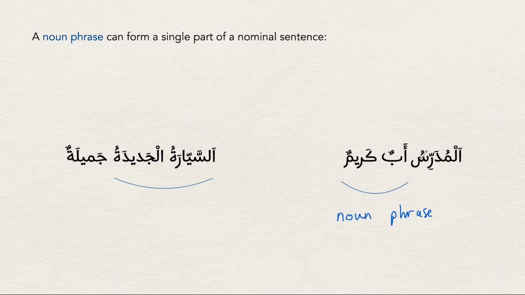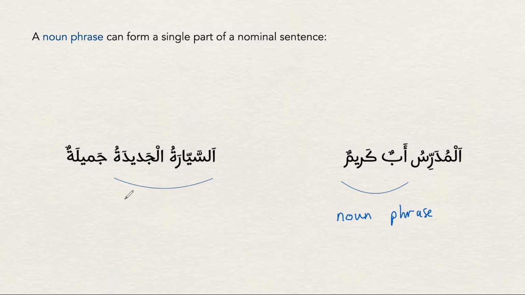So the first part, the subject of the sentence, is al-mudarrisu. And the predicate, the news, the part that comes afterwards, is abun karimun. So you're not just saying the teacher is a father. You're saying the teacher is a generous father. Okay, so the second example we've got here, actually the noun phrase isn't the khabar or the predicate.